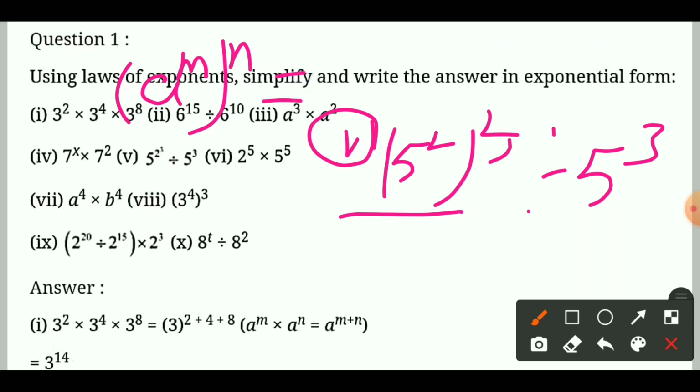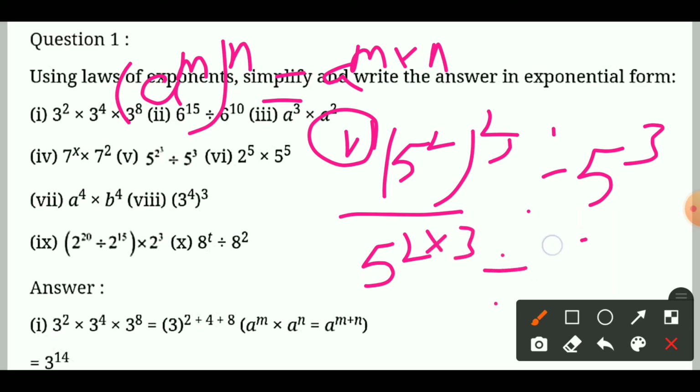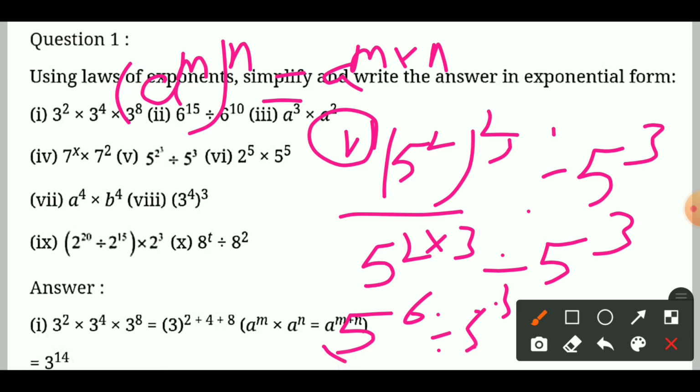If you have a question like this, in that condition we are going to multiply the powers, a^(m×n). So here we are going to multiply 2 with 3 divided by 5 raised to power 3. So you have 5 raised to power 6 minus 5 raised to power 3. Yes or no?